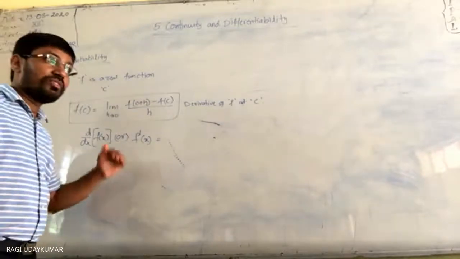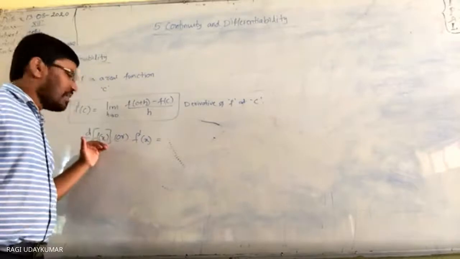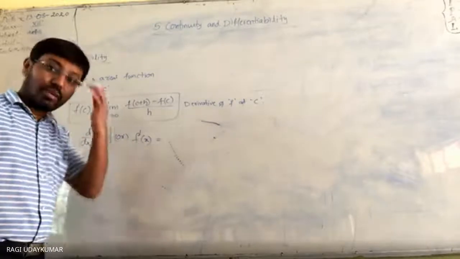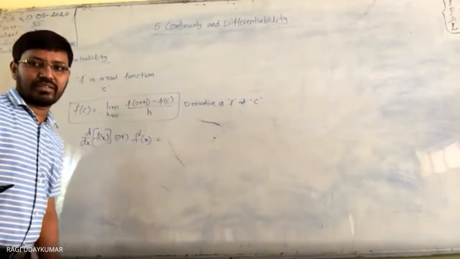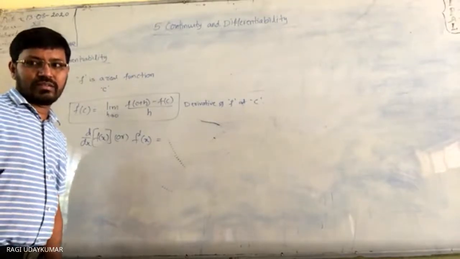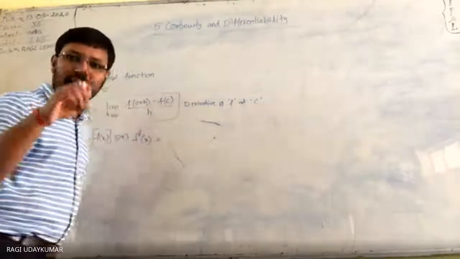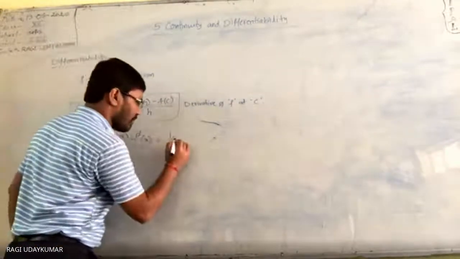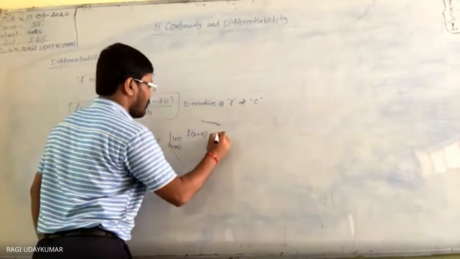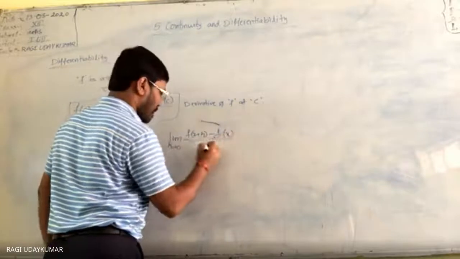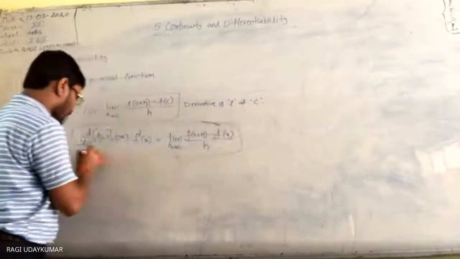And if you take the derivative of the function completely, how do you find it? In the same way, in the place of c, you need to take x. Limit h tends to 0, f of x plus h minus f of x by h. So this is called the derivative of the function.